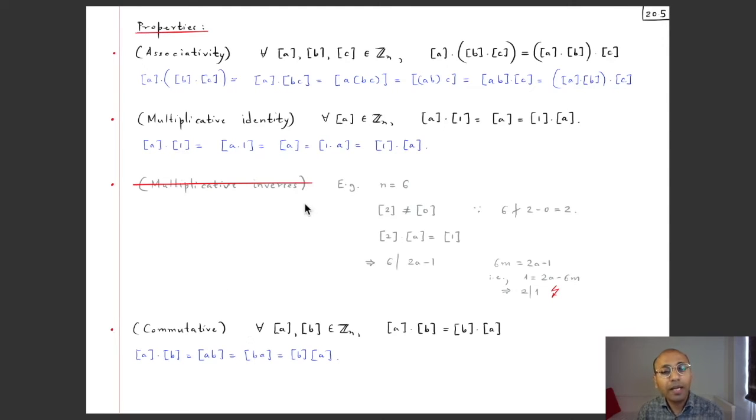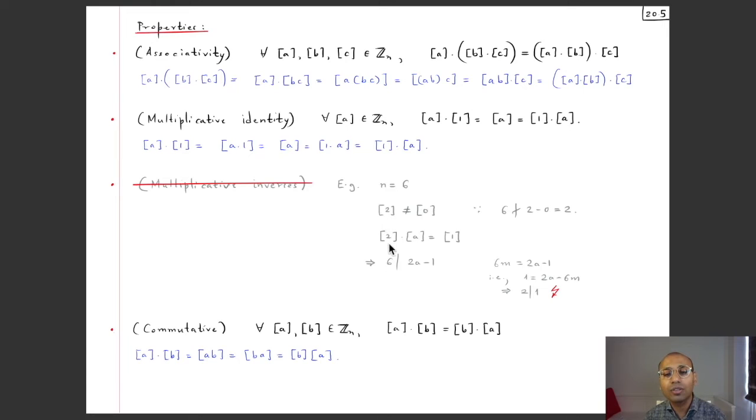Now, multiplicative inverses are not guaranteed to exist. Of course, some elements may have multiplicative inverses, but in general, for general n, multiplicative inverses may not exist for non-zero elements. So here is an example. If I take n equal to 6, we know that the equivalence class of 2 is different from the equivalence class containing 0.